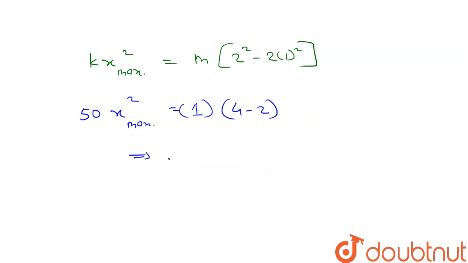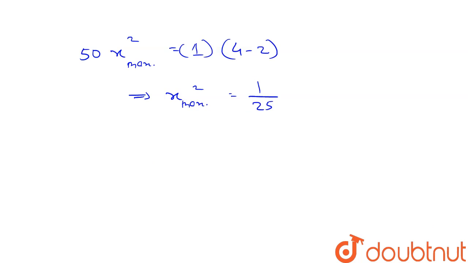This implies x max square is equal to 1 upon 25. Therefore, the maximum compression of the spring, x max, is equal to root of 1 by 25, which is 1 by 5, or in decimals it is equal to 0.2 meter.